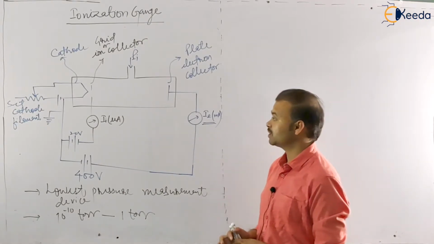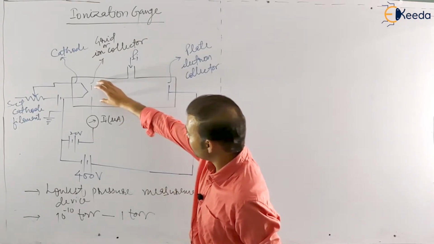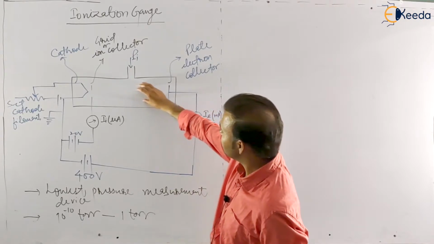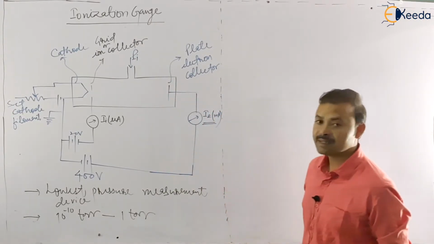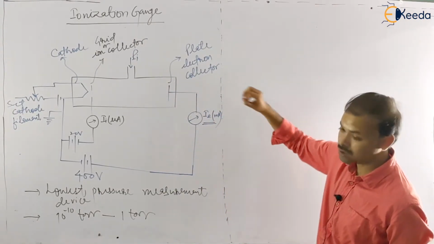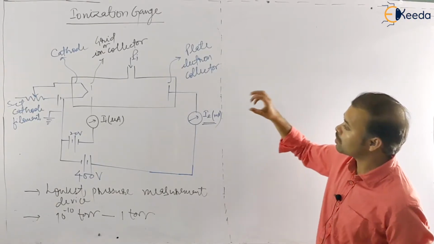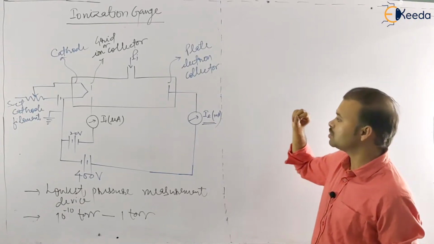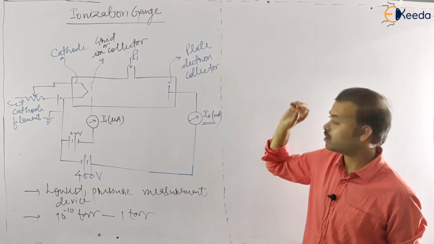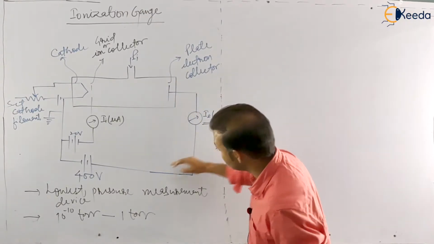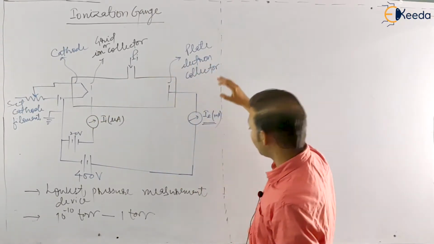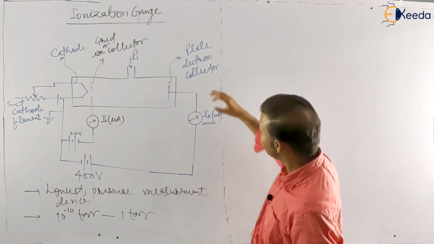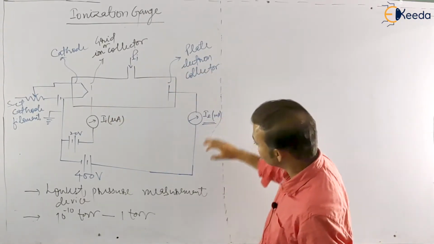These electrons are collected by the plate electron collector. There are already a large number of electrons present in this circuit, continuously circulating in this closed circuit.